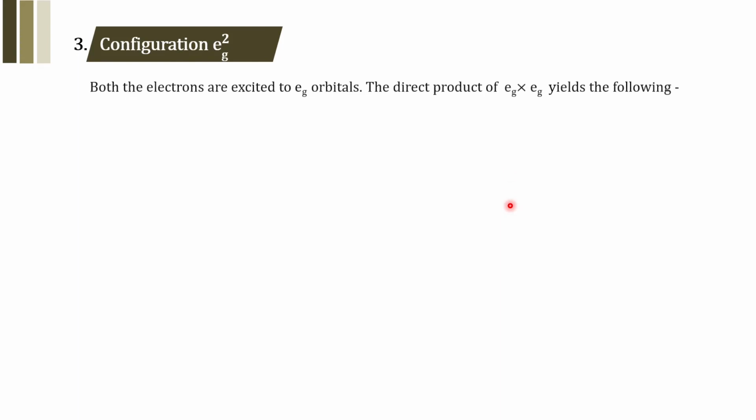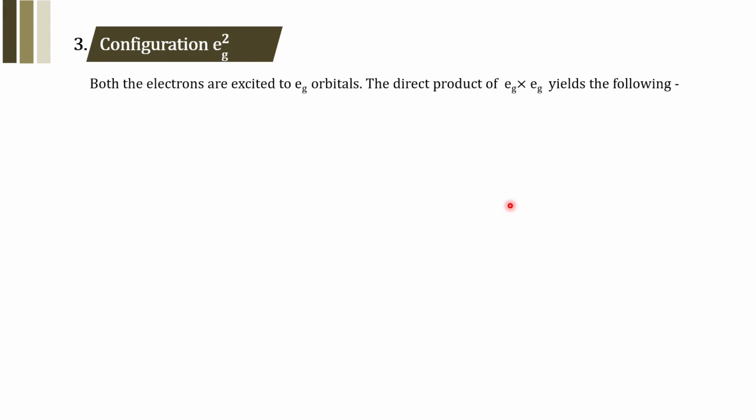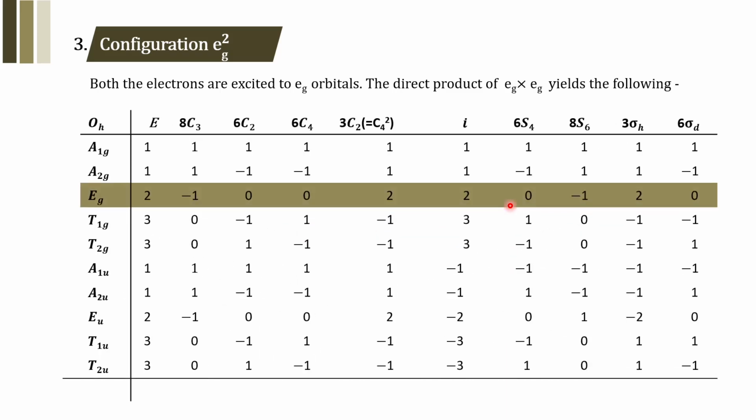Now at the extreme end, we are left with both the electrons occupying the eg level. This is the possibility when there is an extremely strong field. Both the electrons are in eg orbitals. The direct product of eg and eg obviously yields the values shown here: 4, 1, 0, 0, 4, 4, 0, 1, 4, 0.